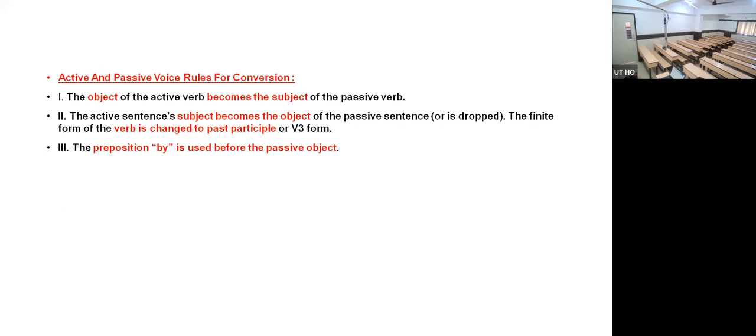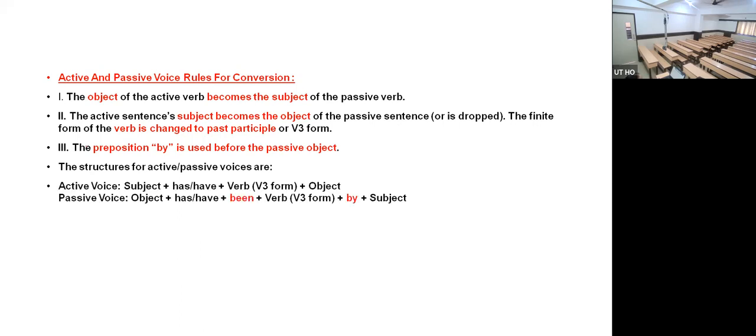The verb changes to the past participle, that is the -ed form, was done by, and we use by, or have been.